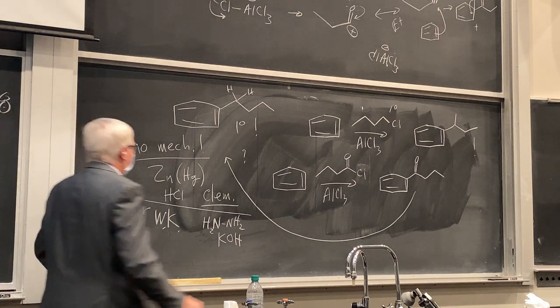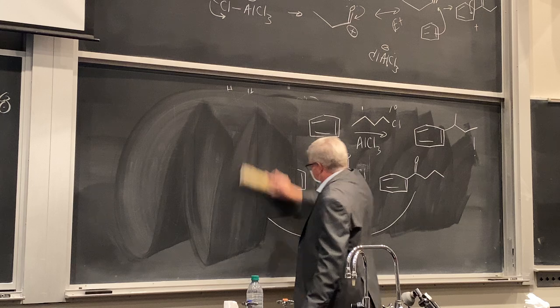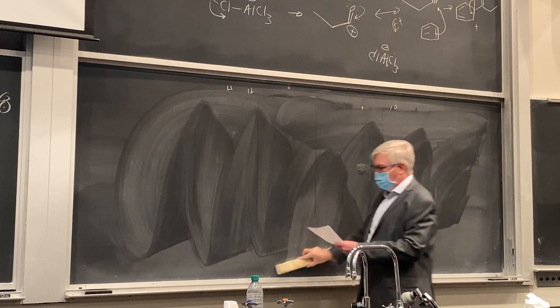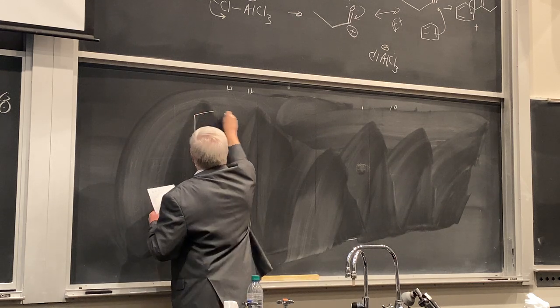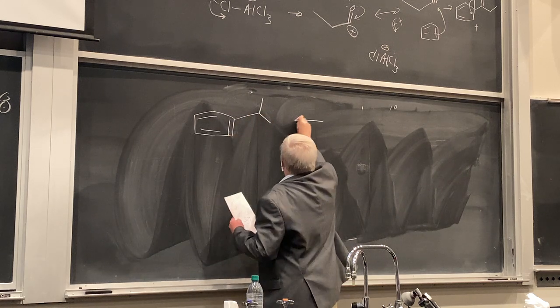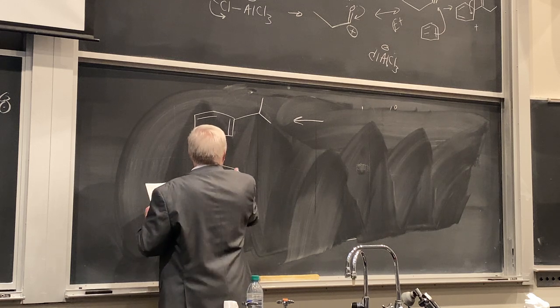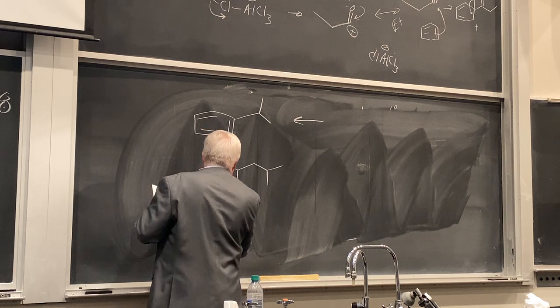All right, now let's back up even more and do some synthesis problems with these reactions. So, can we make this molecule? How do we make that one? How do we make this one? And how do we make this one?